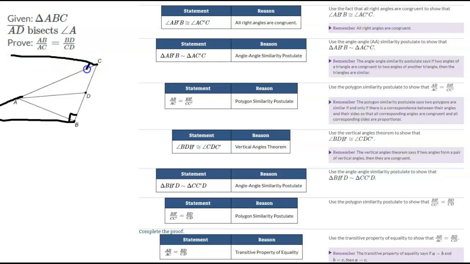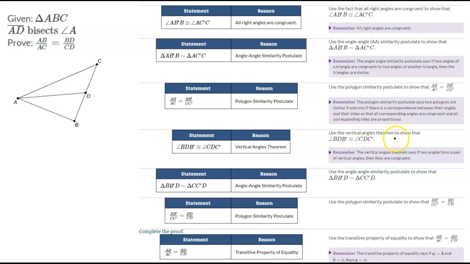And then C prime is also a 90-degree angle. Now I have two congruent angles, and I can use the angle-angle similarity postulate. This tells me that I can set up my proportions so that AB divided by AC is equal to BB prime divided by CC prime.